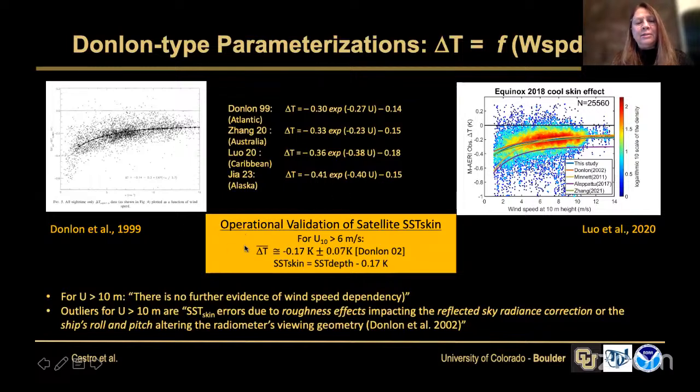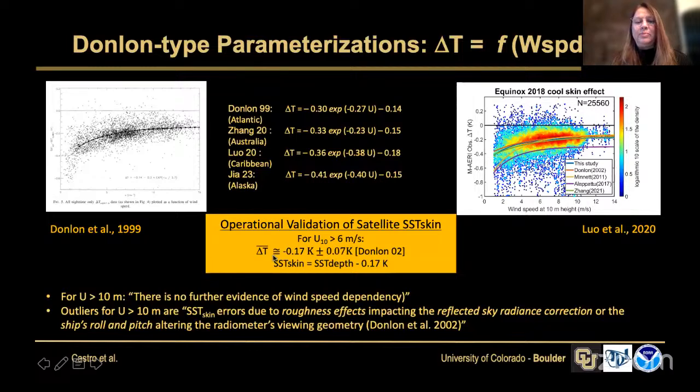Donlon also observed that for wind speeds greater than 6 meters per second, delta T approached a constant asymptote. So he proposed a general validation technique using buoy temperatures to validate satellite skin SSTs, using these asymptotes.